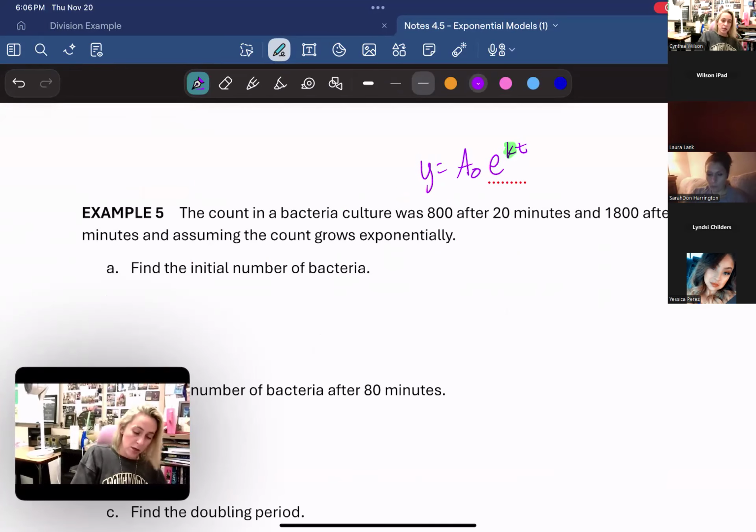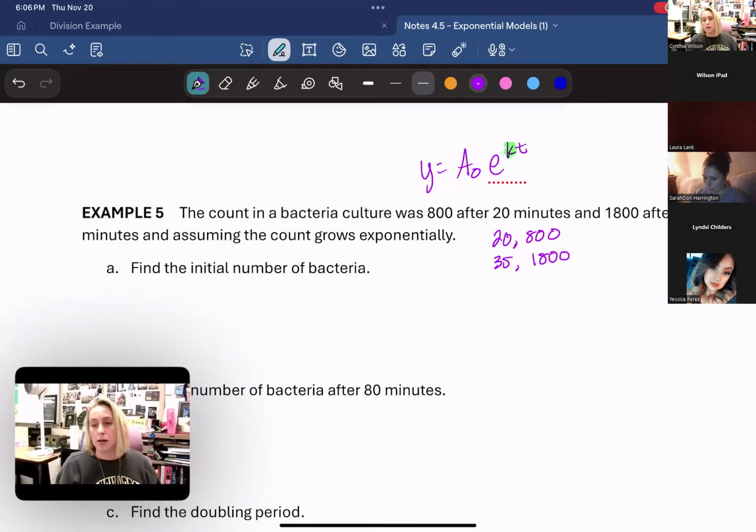I have two pieces of information. I know that at 20 minutes there were 800 bacteria cultures, and at 35 minutes there were 1800. So I can use this information to figure out what k is.